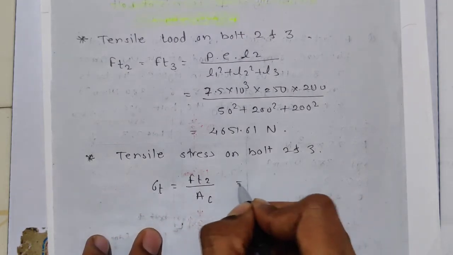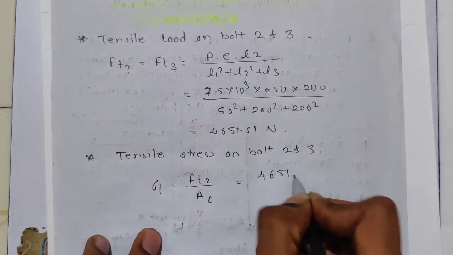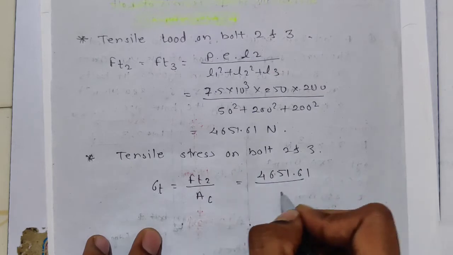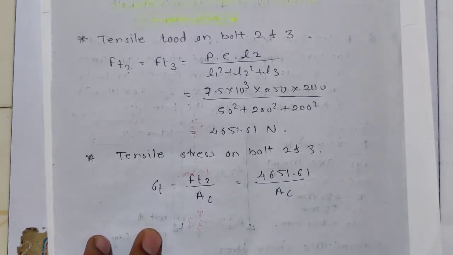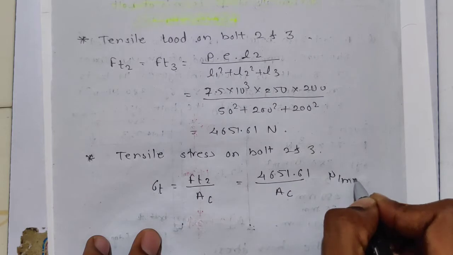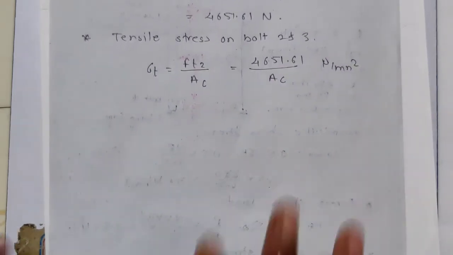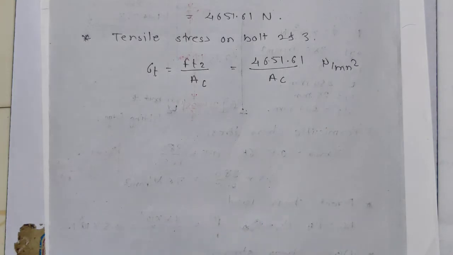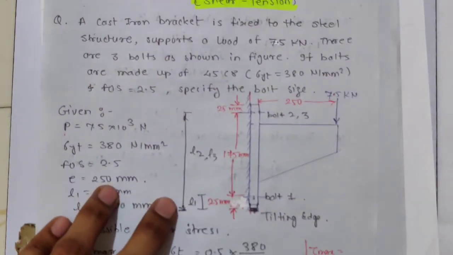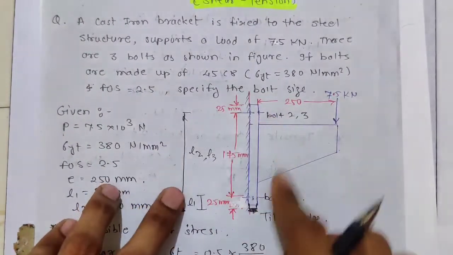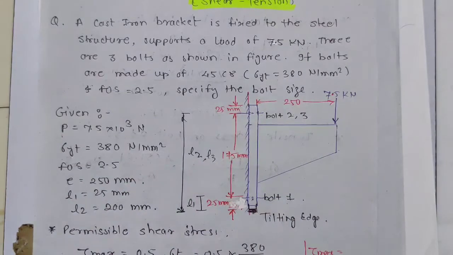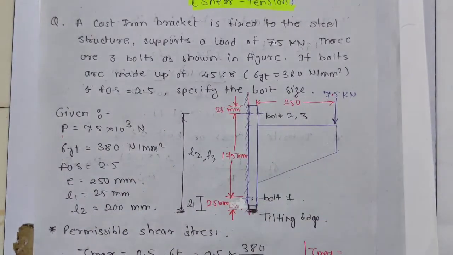Again the same value, so 4651.61 divided by the cross section area. The heavily loaded bolts are bolt 2 and 3 here. Bolt 1 is not carrying that much load, so bolt 2 and 3 have the highest load.